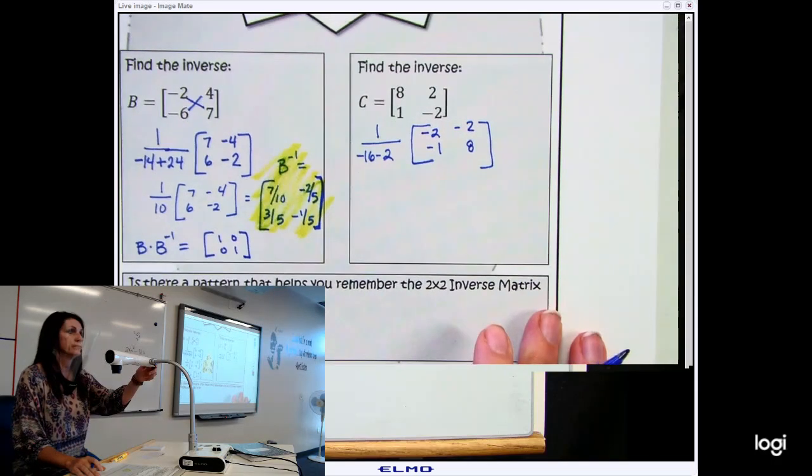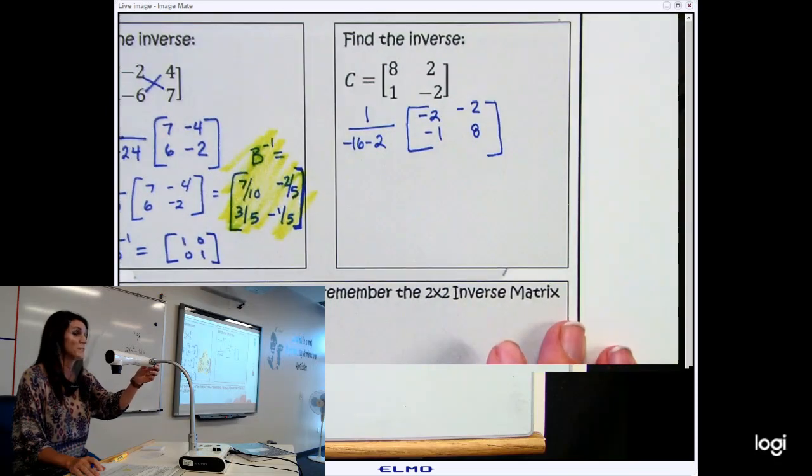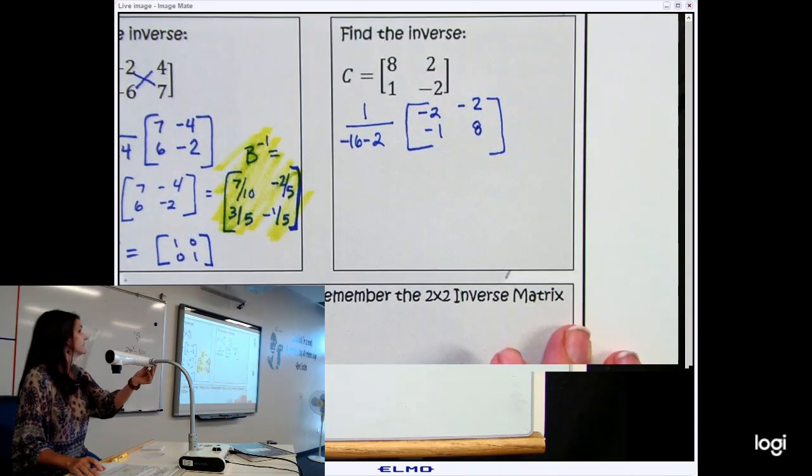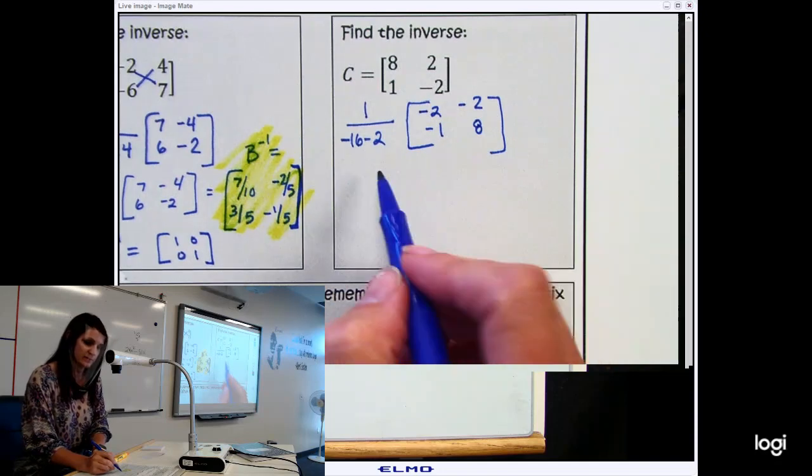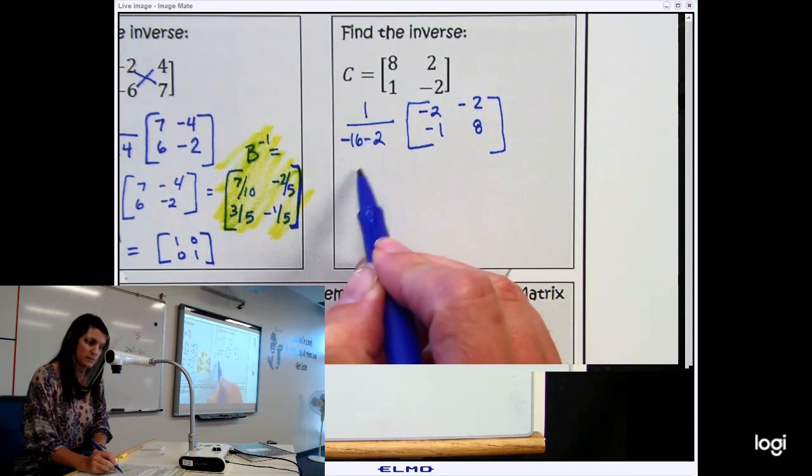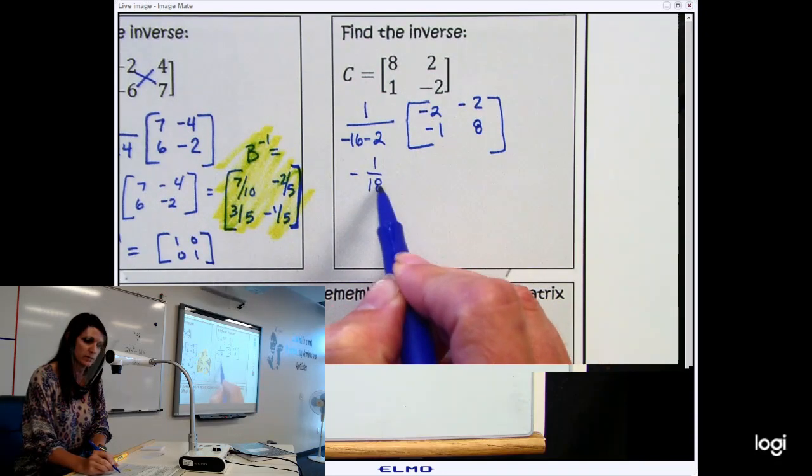How'd you do? How did I do is a better question. Did I make any mistakes? All right. Well, that's negative 1/18.